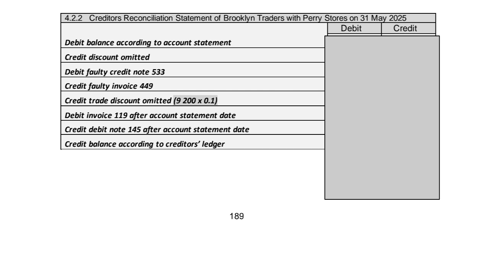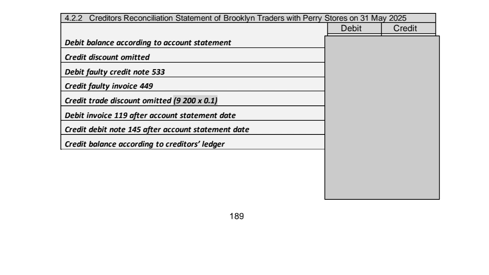So either any credit or debit errors, either an invoice that's omitted or a credit note or a return, and then any debit invoices after the statement date, any credit or debit balances after the statement date, and then your credit balance according to the creditor's ledger that we've just calculated, which will be the 36,200 Rand.